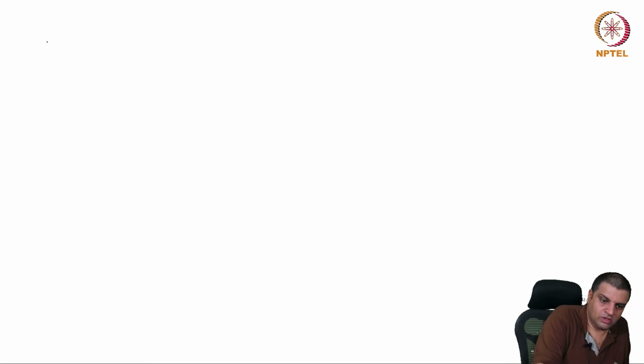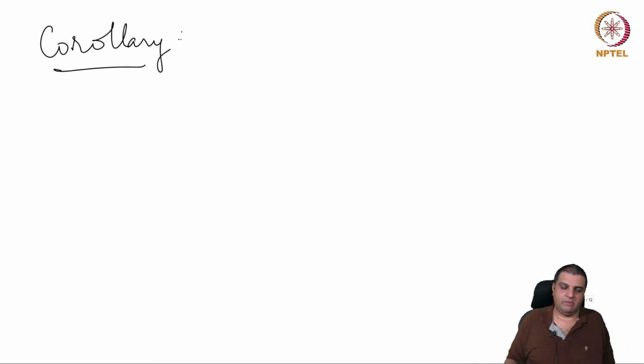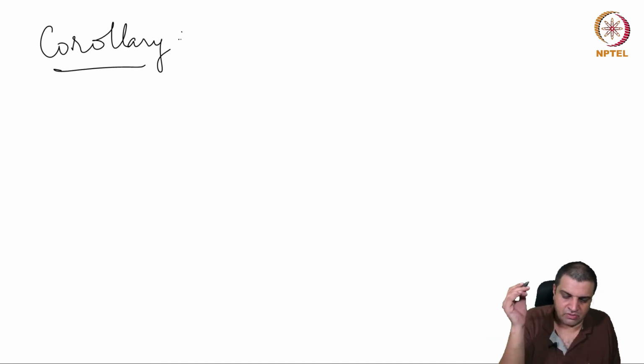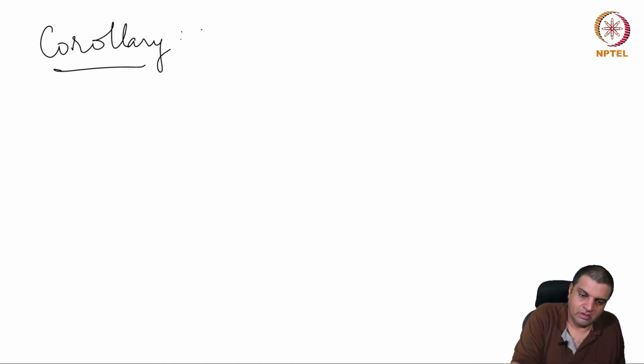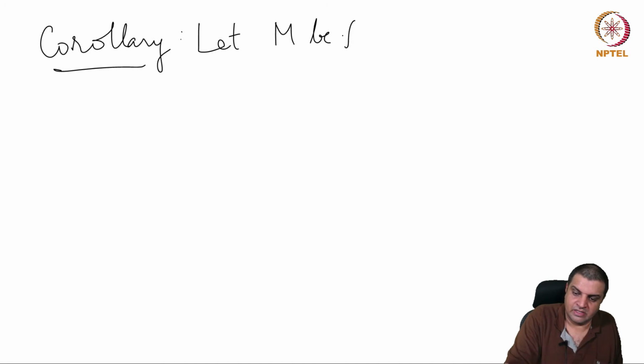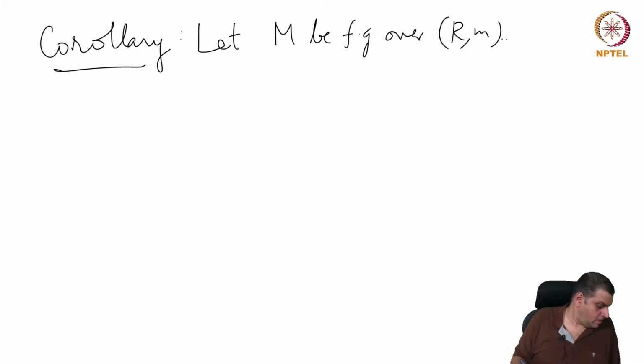Just one more corollary. So this is another application of the same result. It's just a variation of Nakayama's lemma, or we can call this Nakayama's lemma then. So let M again be finitely generated over a local ring (R, m).